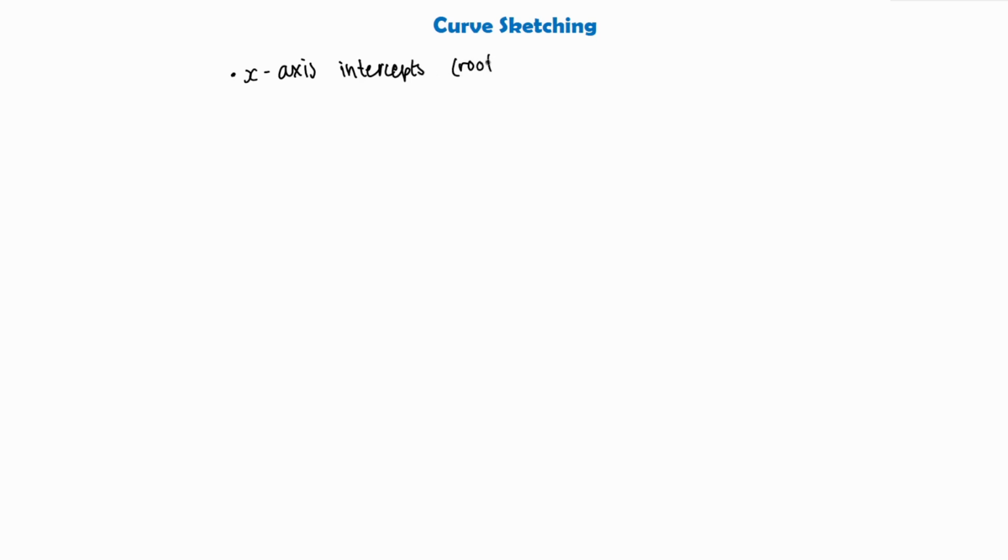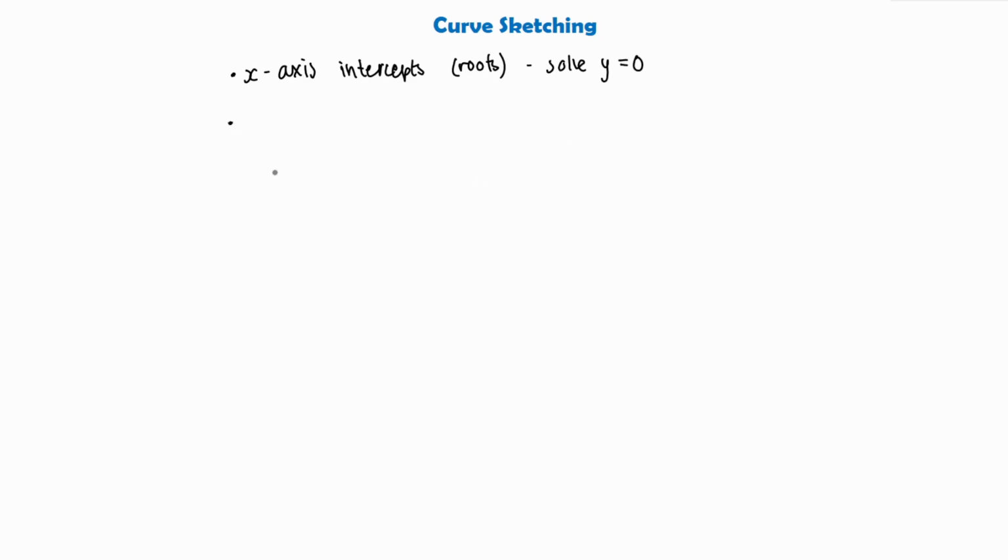We call these the roots. Now we did talk about these at National 5, so a few things that we're going to be doing might be already familiar to you. To do this we solve for when y is equal to 0. We'll get to that in a wee moment.